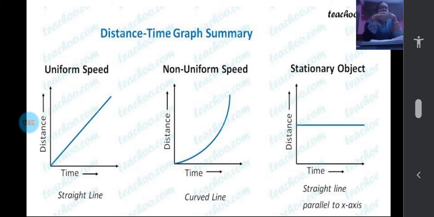The third one, you see, children, time is passing, but for a parked car, or whenever anything is at rest, time is passing but there is no change in the distance. So such a type you will get a line parallel to the x-axis. Whenever you see a line parallel to the x-axis in the distance-time graph, you can understand that it is a stationary object, or the object is at rest.